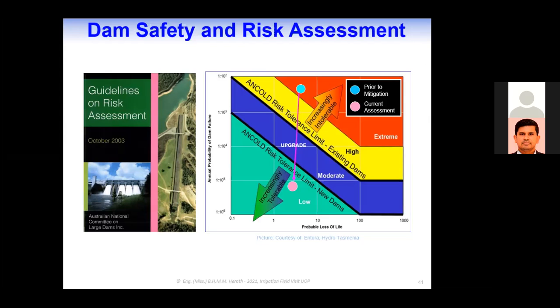Here I have shown you one such example extracted from the ICOLD guideline on risk assessment, and other guidelines such as ICOLD, FEMA, and USSD are also there for similar types of activities.